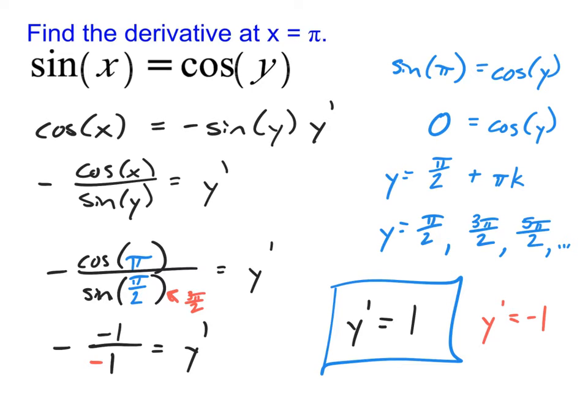That would have the same sine value. So what we can figure out is that these two, 1 and negative 1, are both answers, and they are the only two answers. So at any given point in this problem, the derivative must equal either 1 or negative 1.